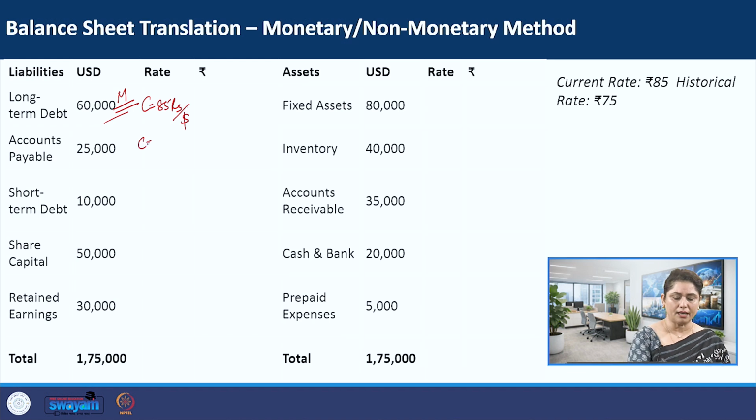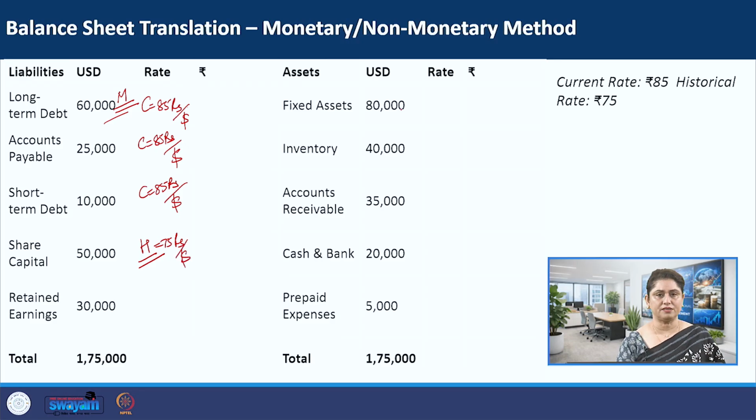Accounts payable, again monetary, we are doing transactions in it. Short term debt, again monetary, so it is converted into the current rate. Share capital, as already told, will always be at the historical rate, which is 75 rupees per dollar. Now, let us come to the fixed assets.